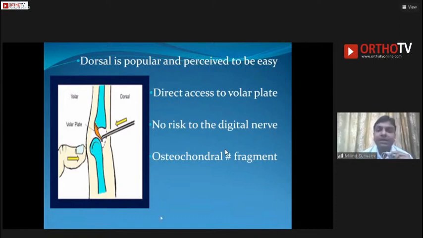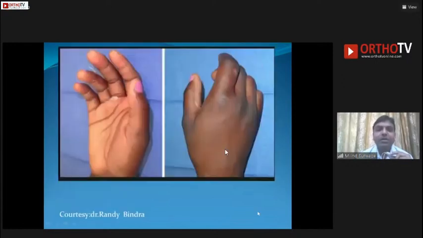And if there is an osteochondral fragment, you can access it through the dorsal approach, and we cannot get it through Volar. So these are the downsides of the Volar approach also. We cannot get access to the Volar plate from the Volar side because it has already flipped to the back side, and the osteochondral fragment also we cannot get through the Volar approach.